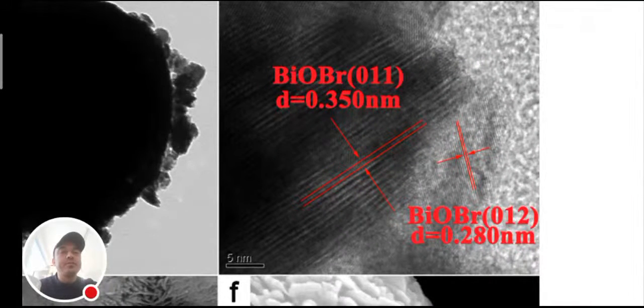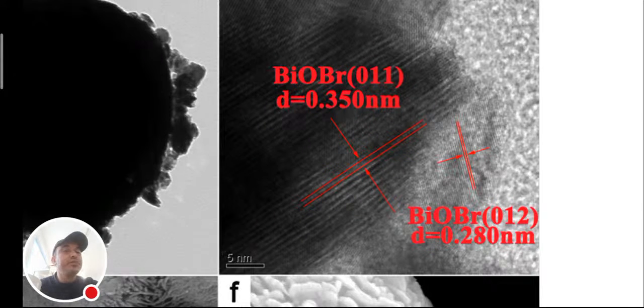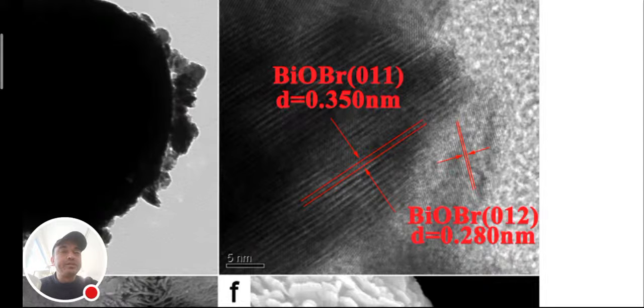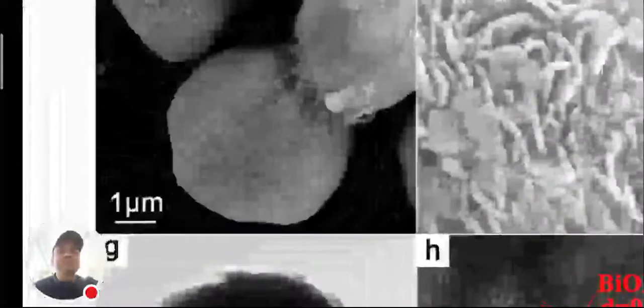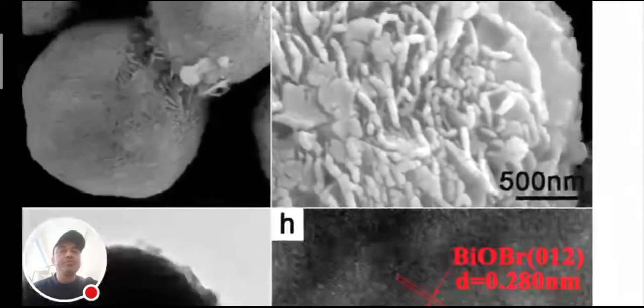And this is the TEM image, which gives you the fringes and the planes of the crystal. This spacing is equal to 0.35 nanometer and this plane is BiOBr 001. The other plane which we find here is 012, and its d-spacing is 0.28 nanometer. And this is the whole microsphere, 1 micrometer.